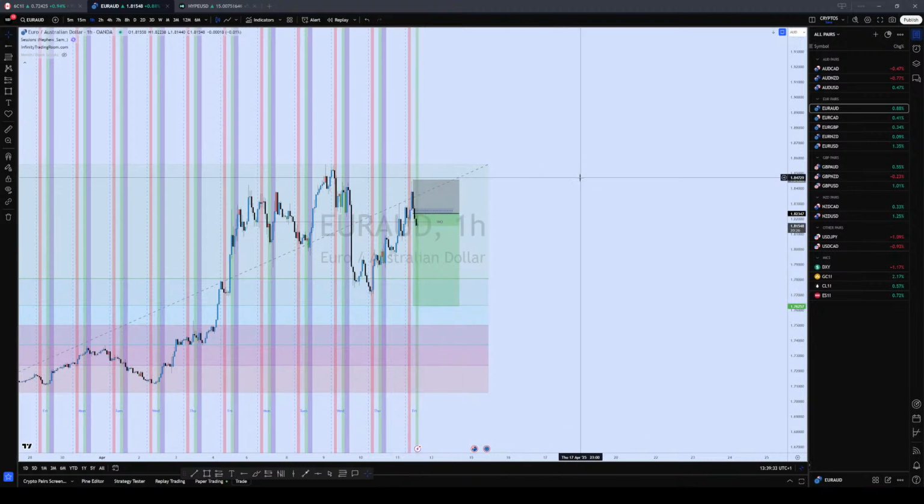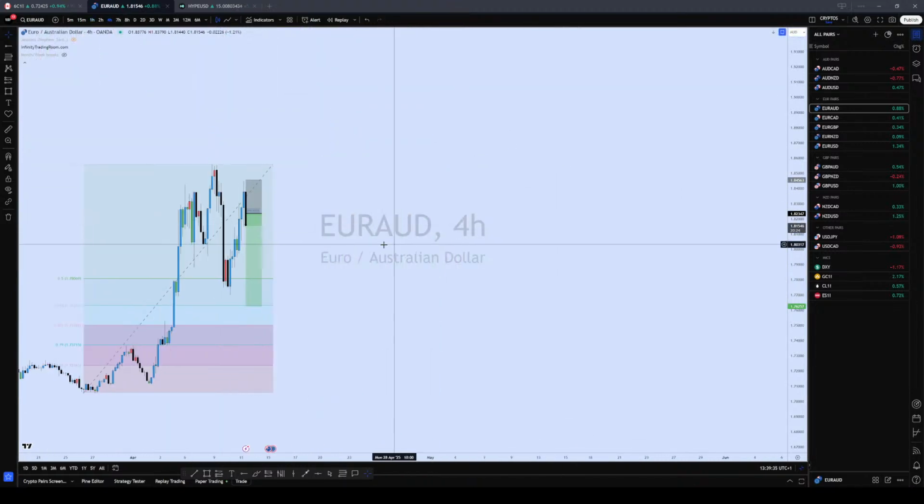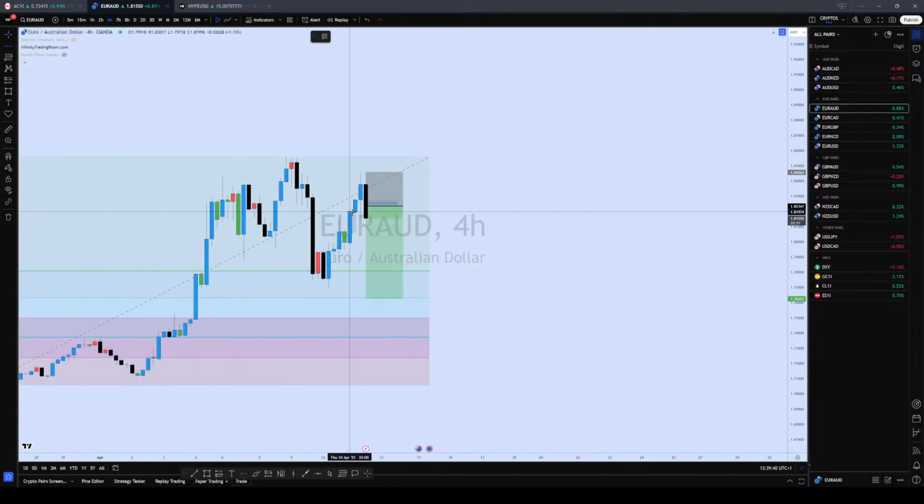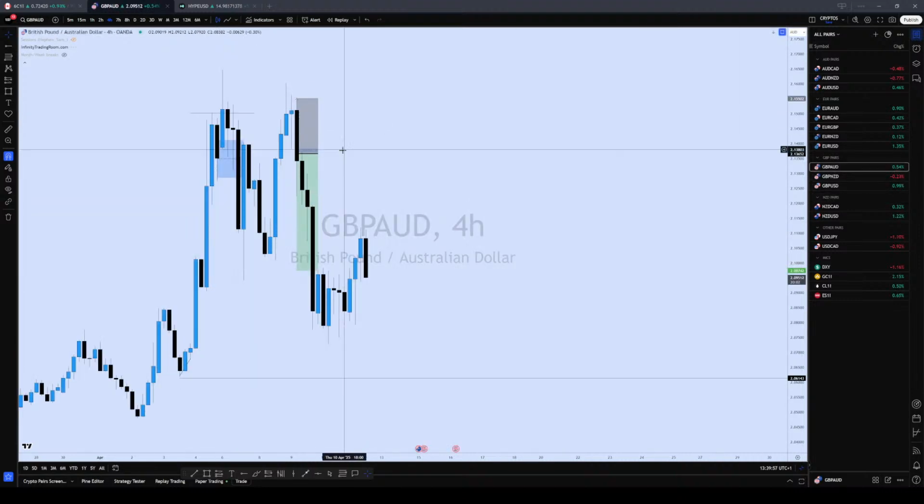But we need that H4 to close, so we need this candle to close below this candle's low. We need that. Once we get that, then you can look for a continuation to the downside. Okay. Pound Aussie is weaker than that, so I think it's gonna go down here.